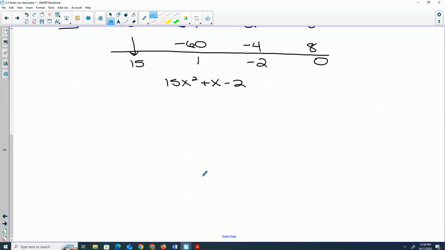I want to factor this, so what would we have to do? What multiplies to negative 30 and adds to positive 1? And then what would we do?